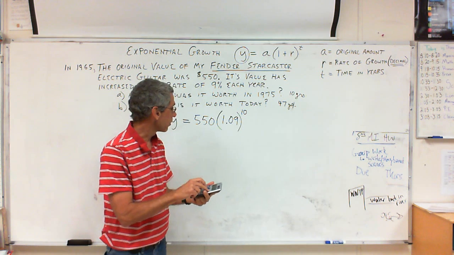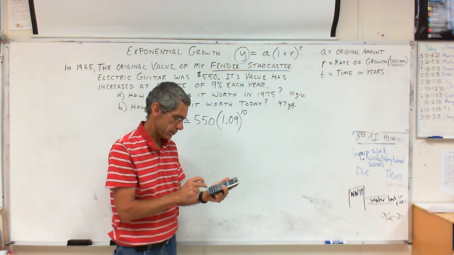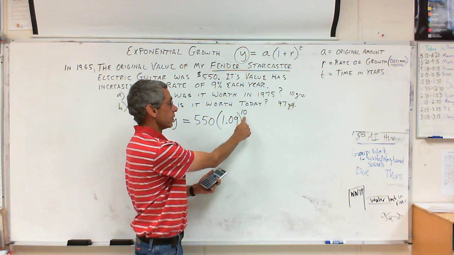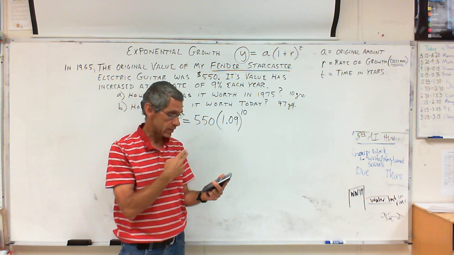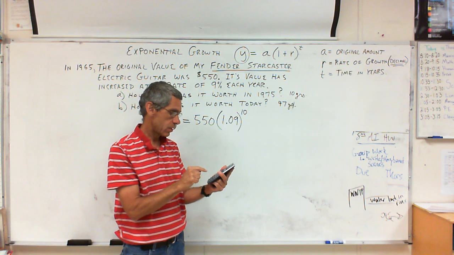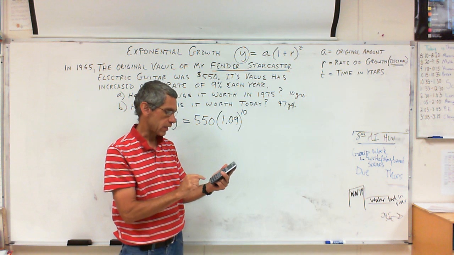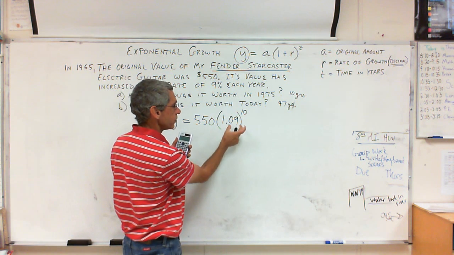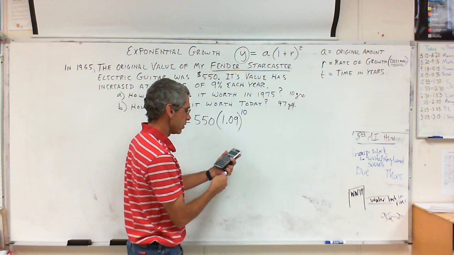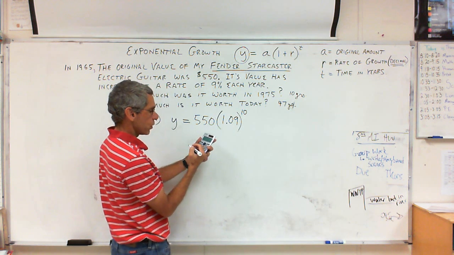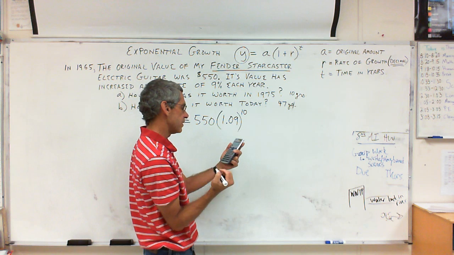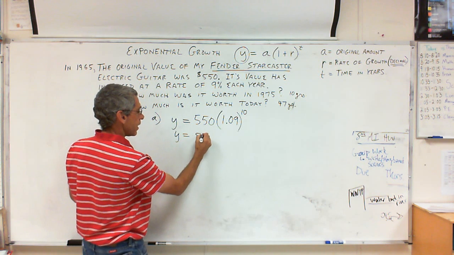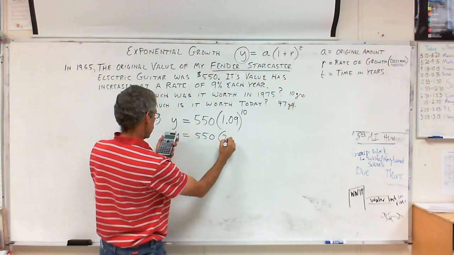So I've got 1.09, and I'm going to raise it to the 10th power because it's been 10 years from 65 to 75. I hit equals, and it tells me that 1.09 raised to the 10th power is equal to 2.37, we'll say. So I'm going to rewrite that: Y is equal to 550 times 2.37.